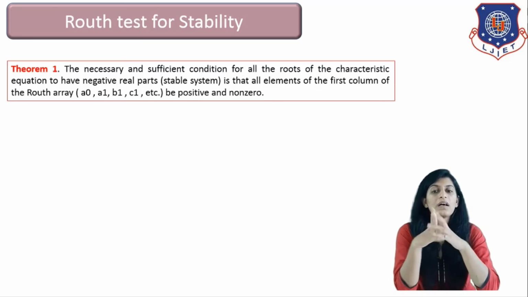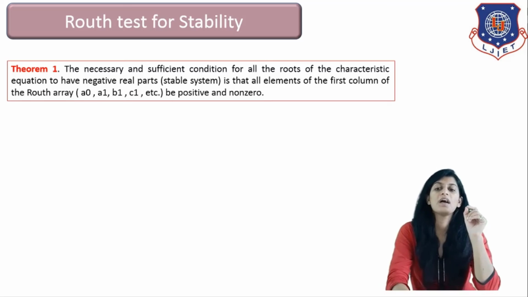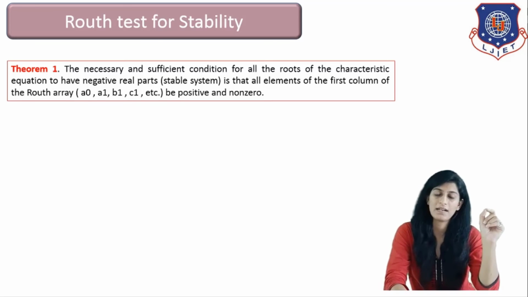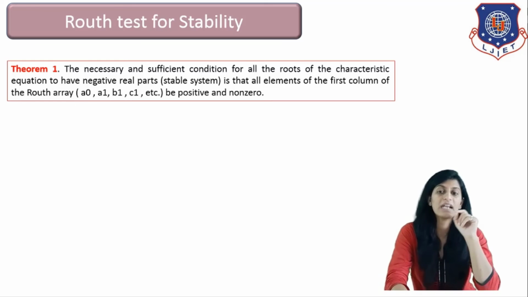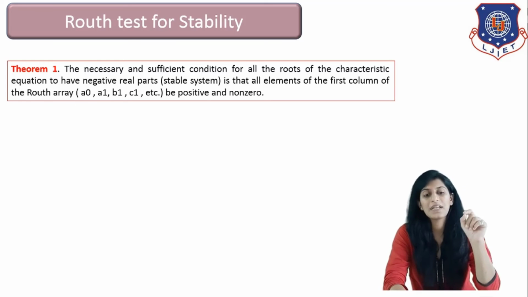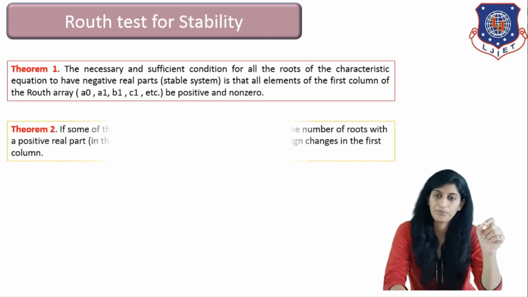If all the roots of the characteristic equation have negative real parts, then the system is termed a stable system.